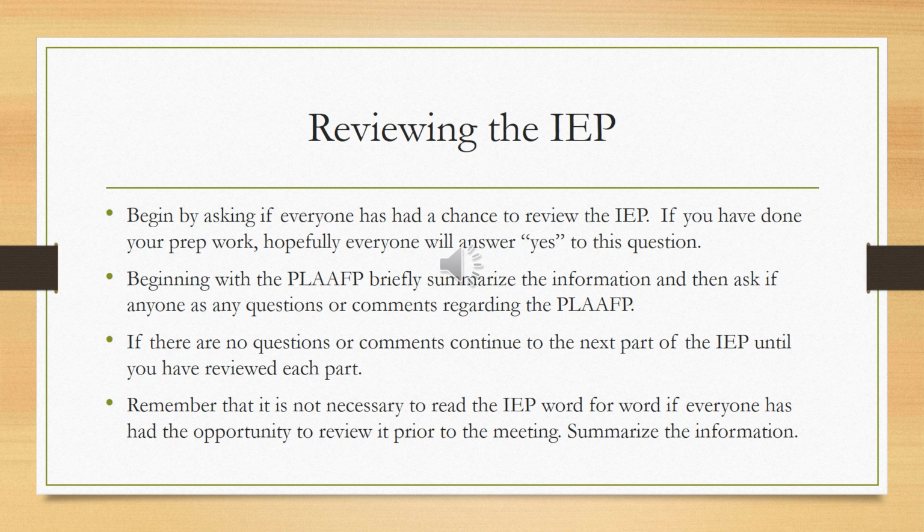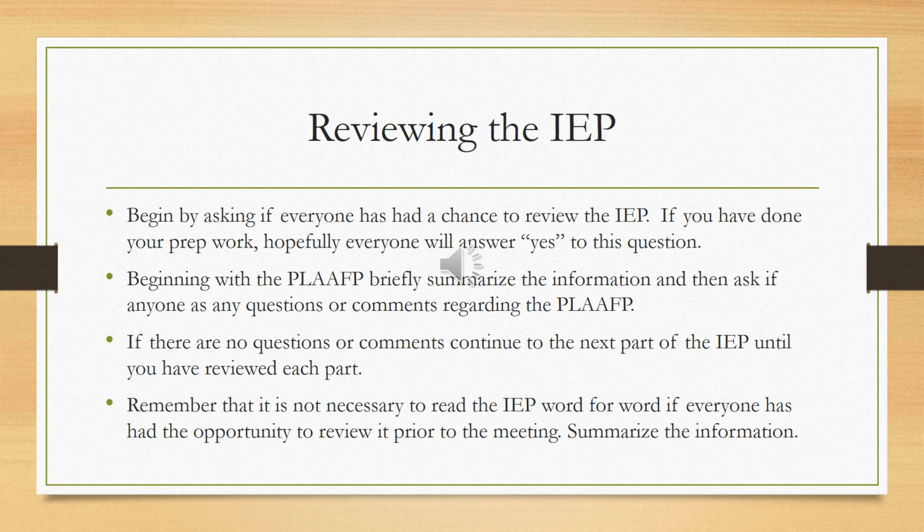So provided that you have given everyone a copy of the IEP draft or at least access to it, you can begin reviewing the meeting by simply saying, has everyone had a chance to review the plan?